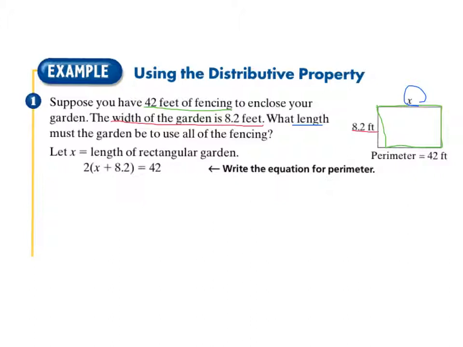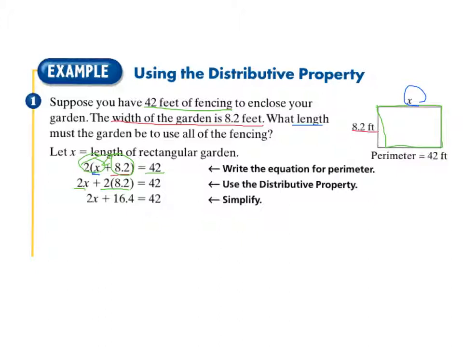So we have 2 times (x + 8.2) equals our perimeter of 42. If we use the distributive property to multiply those out, we have the first value, 2 times x, plus 2 times the second value, 8.2, equals the 42 we've already established.